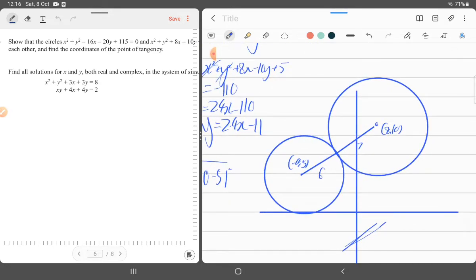Can I create more than one circle in my calculator? Connects. And 10 and the radius is 7.